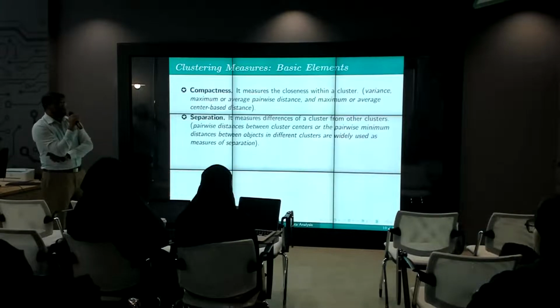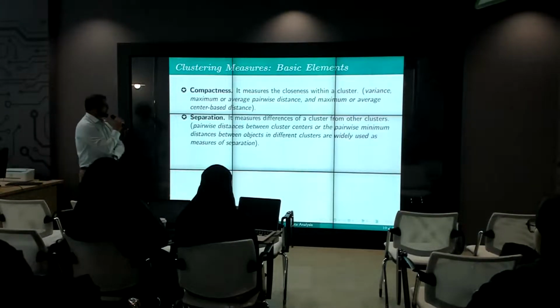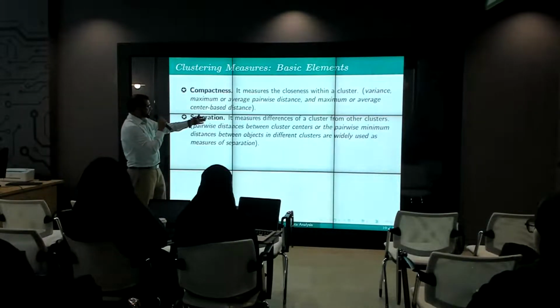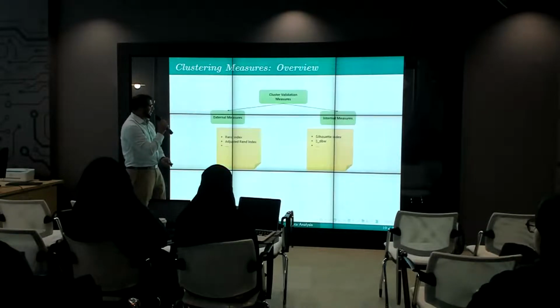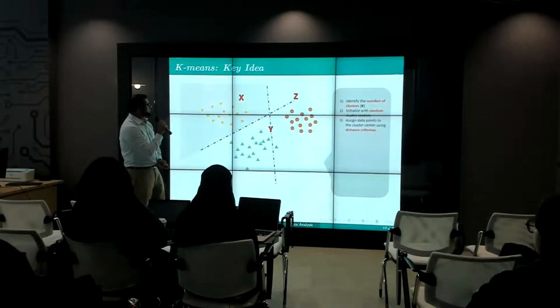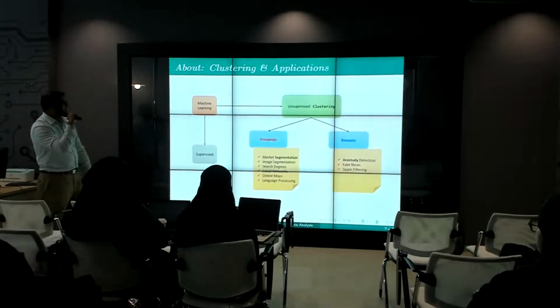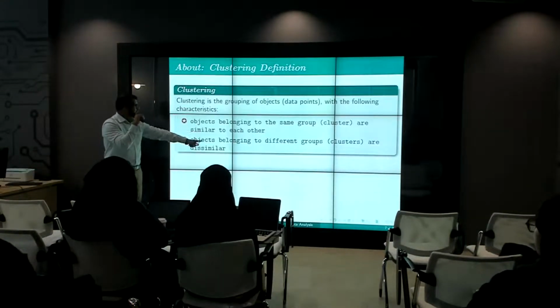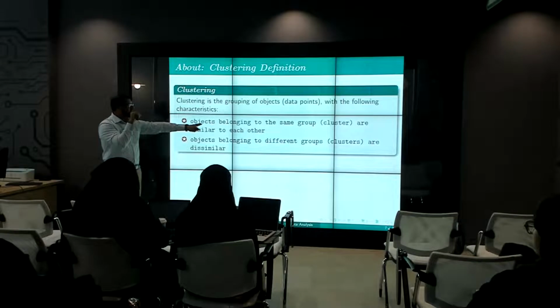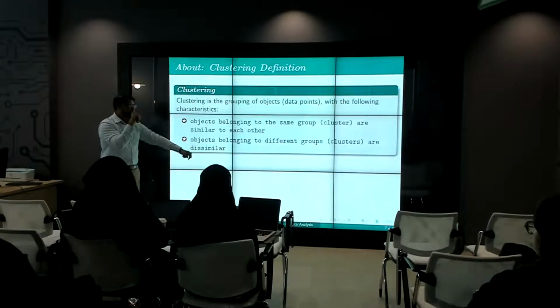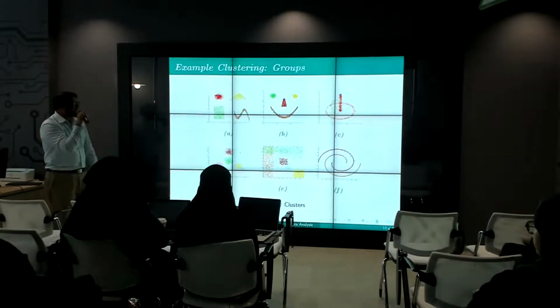Now, all the internal measures are based on these two concepts, compactness and separation. These two concepts are actually coming from our first definition. So this concept that objects belonging to the same group should be similar to each other can now be realized by a term called compactness, and this concept is realized by separation.